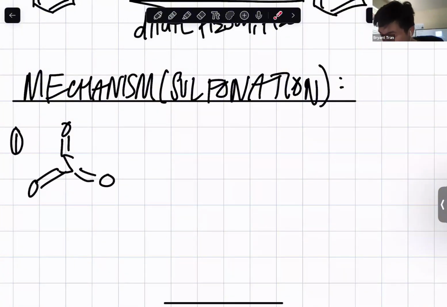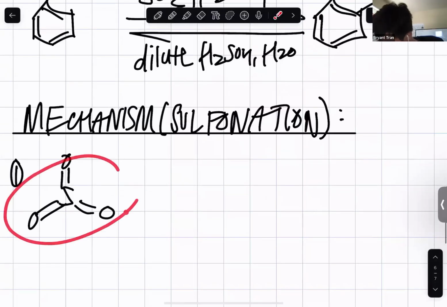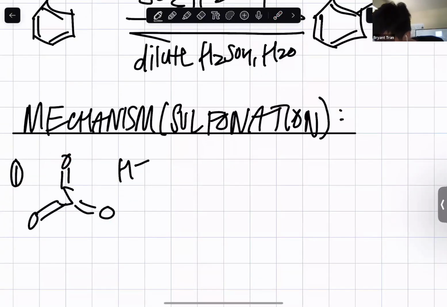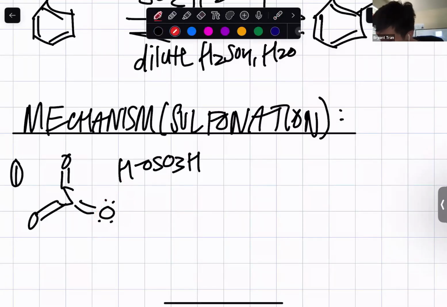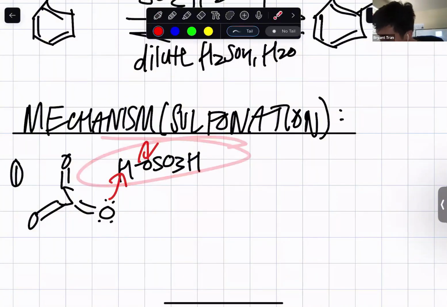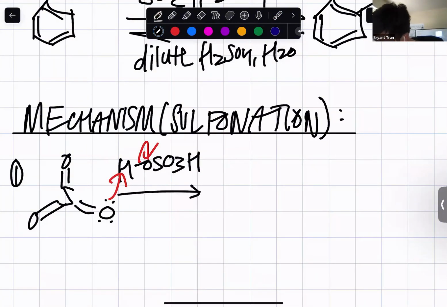We have SO3, which is represented like this, and we have a strong acid, sulfuric acid. So we're gonna protonate one of the double bonded oxygens here, with two pairs of electrons. One of the pairs of electrons will grab a proton, kick out the conjugate base of sulfuric acid, and give us this right here.